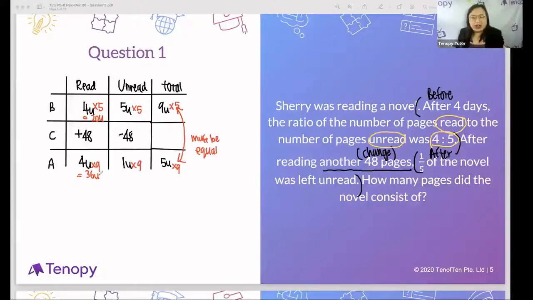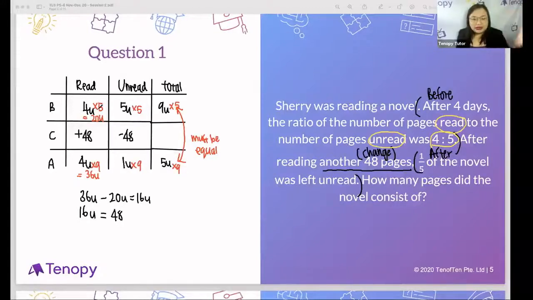So something must have happened during the concept, right? So 20 and 36, what is the difference in the number of units? Okay, look, they changed from 20 to become 36, meaning 36 units take away 20 units is 16 units. This 16 units is the same as 48.